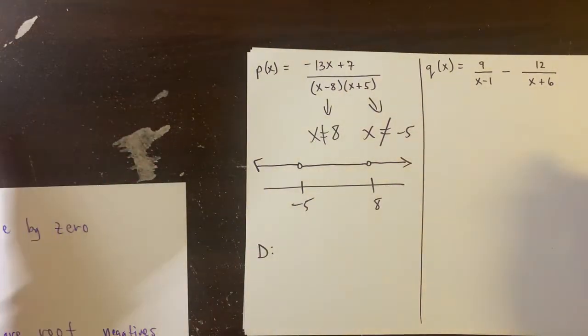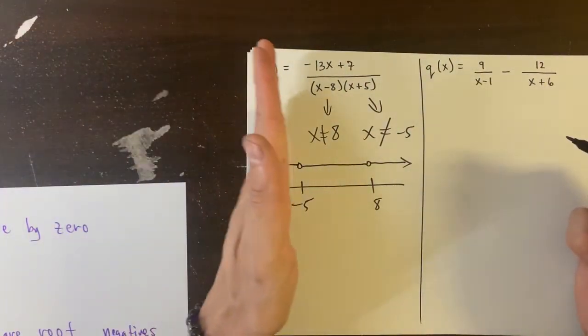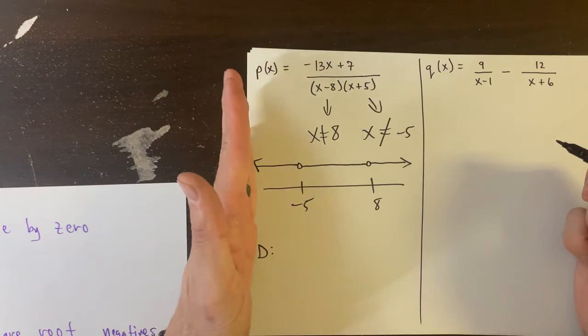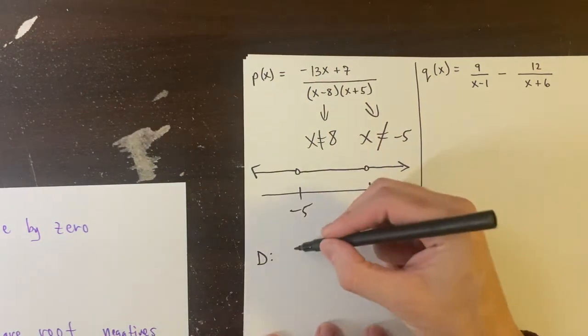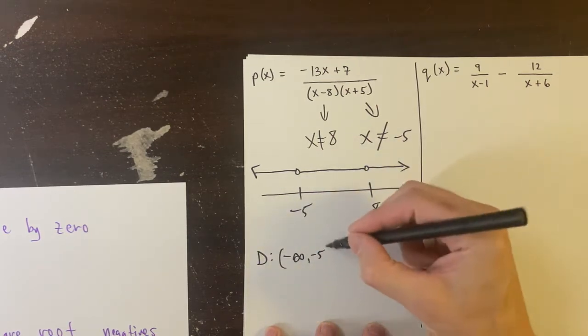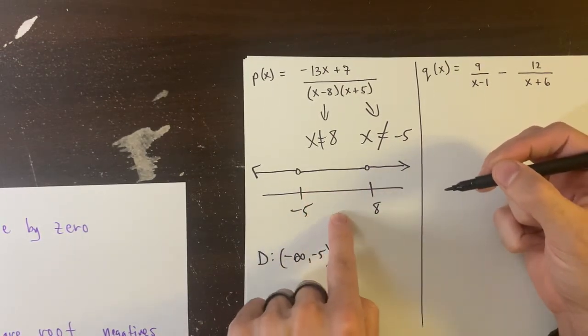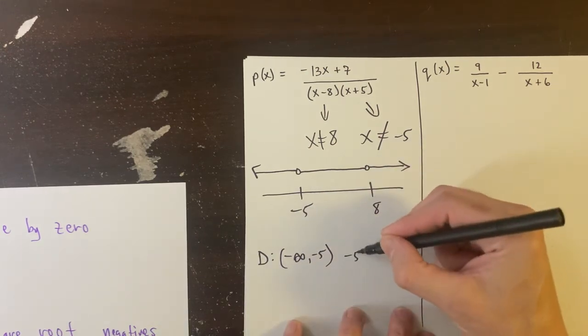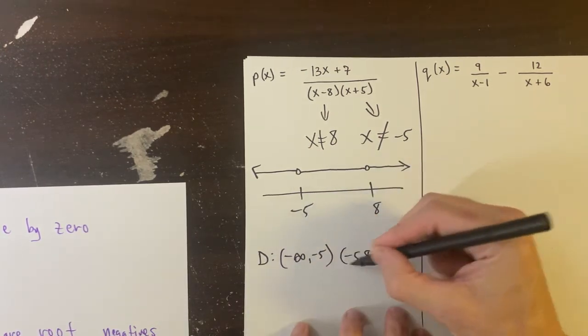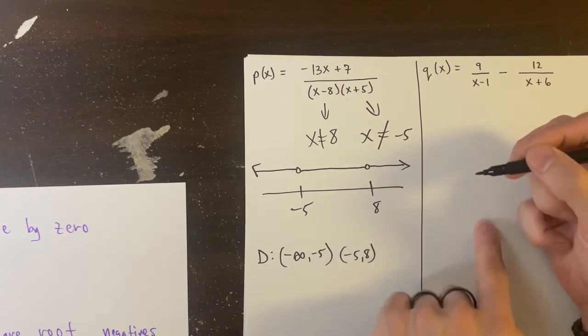Now let me go from left all the way to right. So let me describe this piece here on the left that goes from negative infinity, and then we pause at -5. And then I resume from -5 all the way to +8. And then I skip +8, and then I resume from 8 to the right forever.